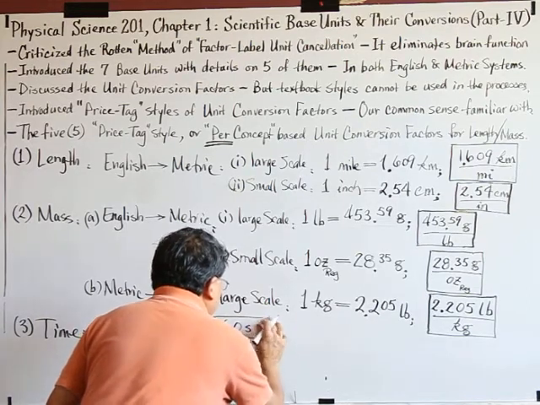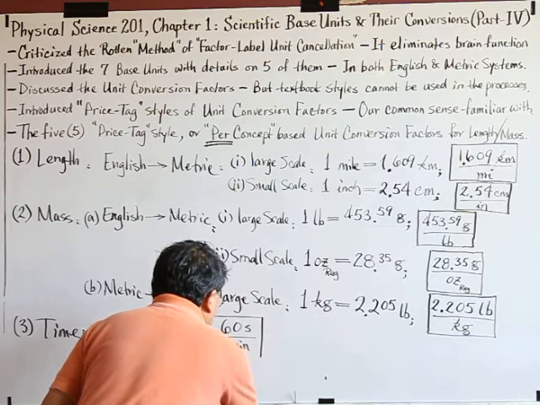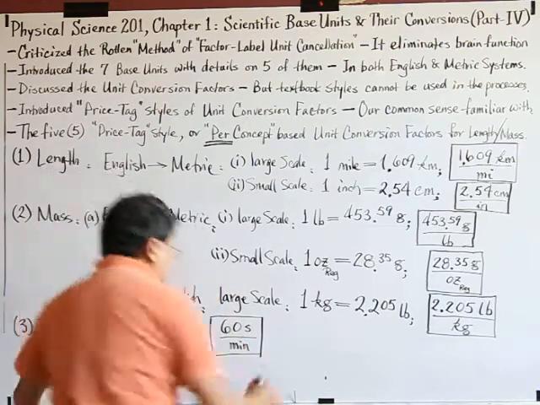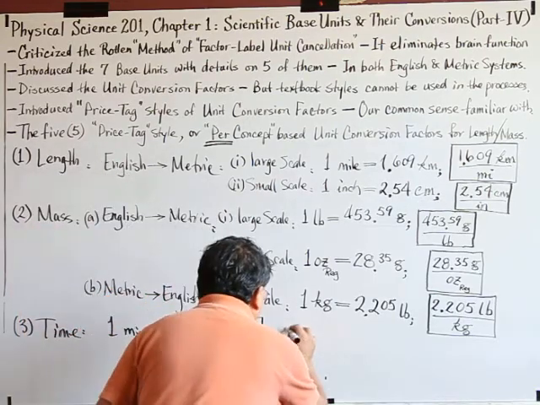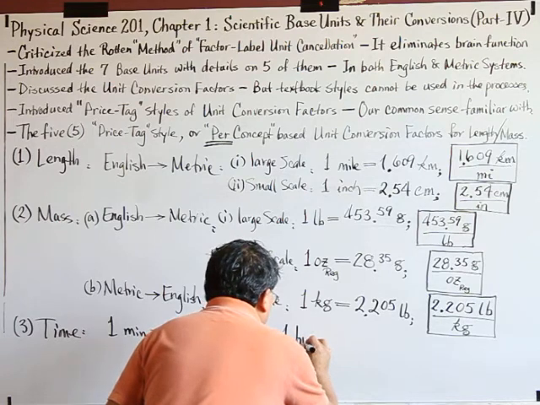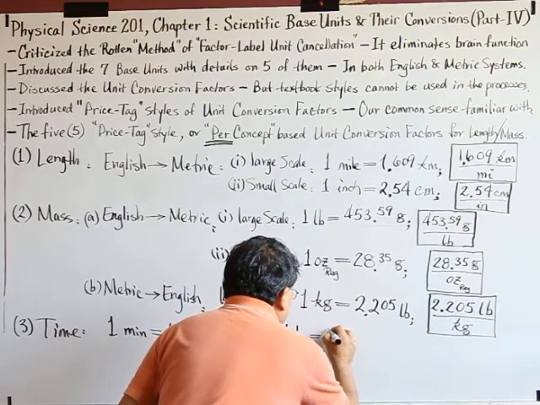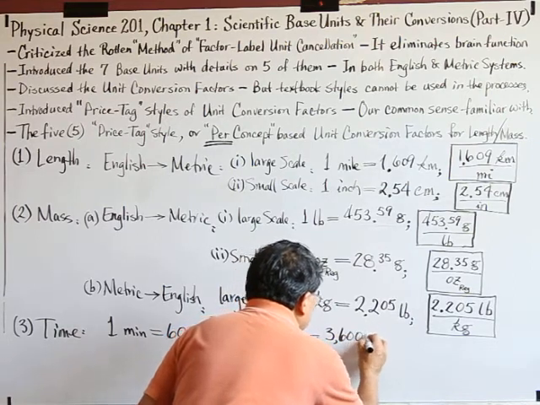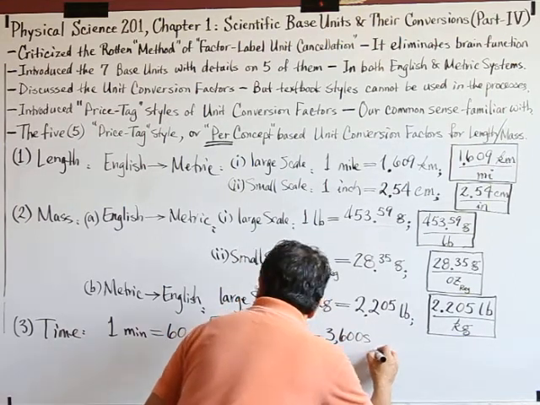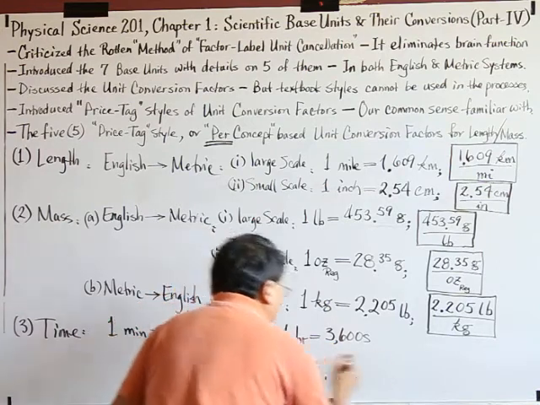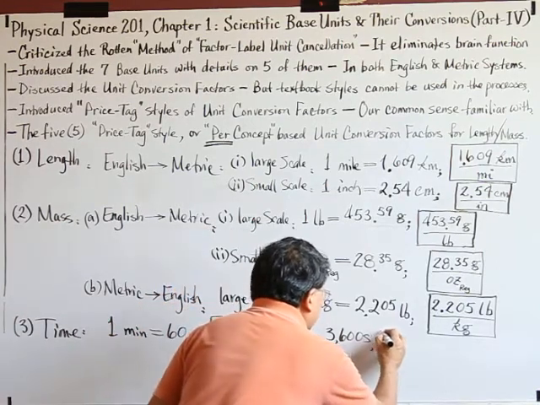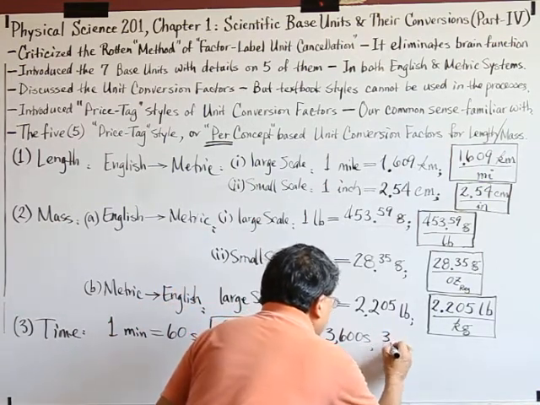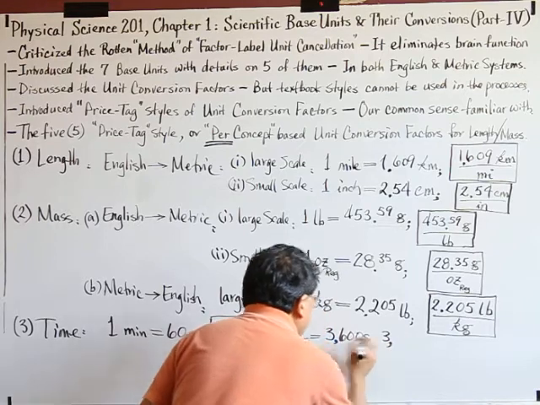You know that, so I don't have to ask you to memorize that. That's one. And then you have another one: 1 hour equals, we already talked about, 3,600 seconds. And then you don't use that directly, you have to convert it to per.